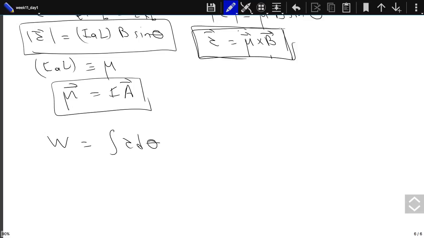And the torque is proportional to sine theta d theta. If you integrate it, it becomes proportional to cosine theta. So the potential energy is equal to minus mu dot B.